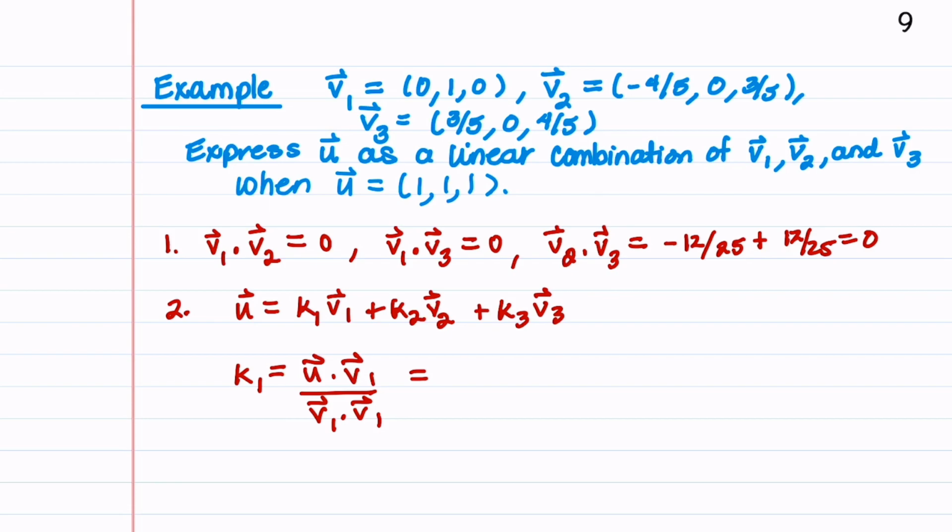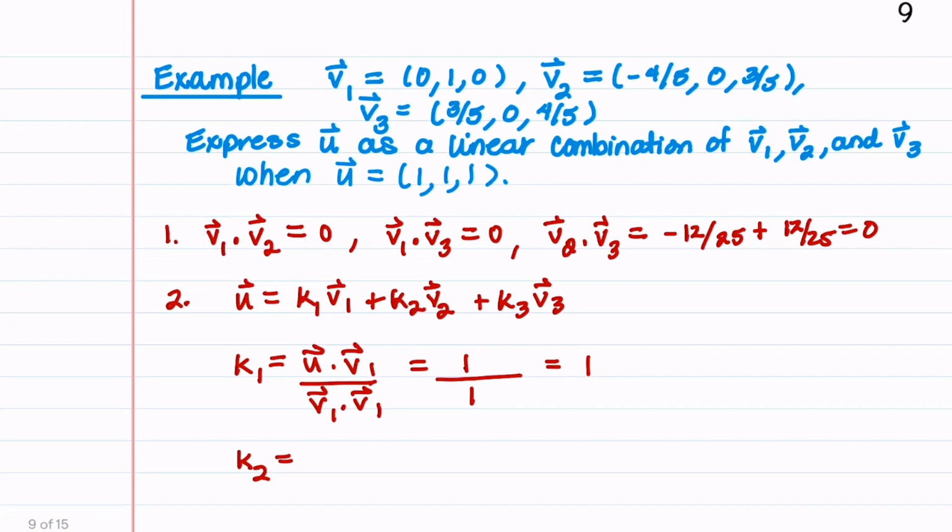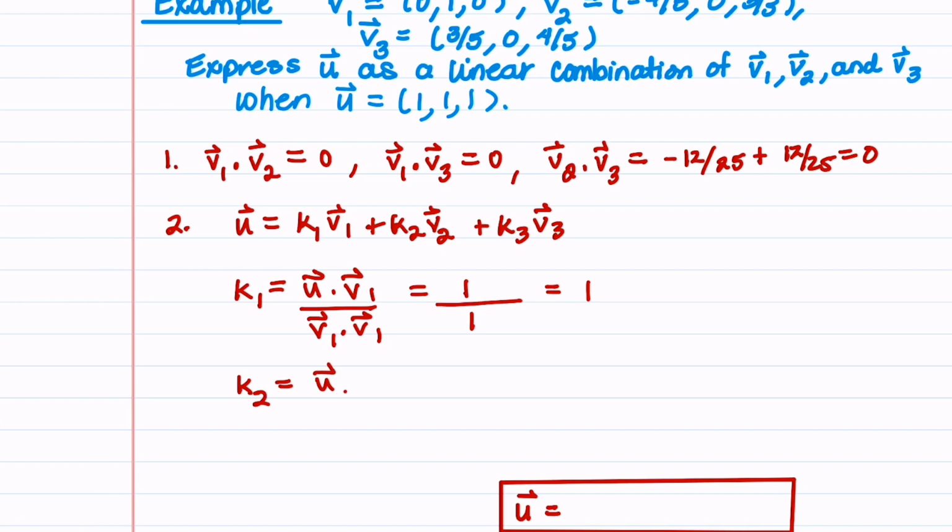And that's going to be a 1 on top. And in the denominator, v1 dotted with itself is also going to be 1. So k1 is 1. K2 is equal to u dotted with v2 divided by v2 dotted with v2.